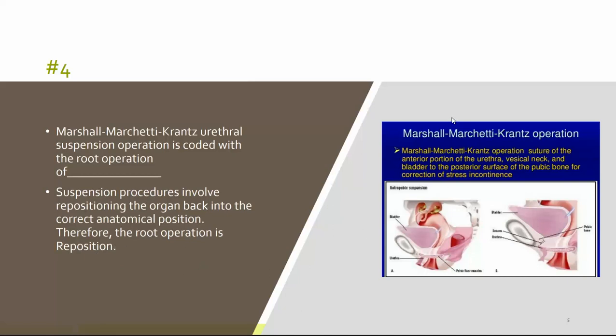If you Google this eponym, Marchetti-Krantz, you will find what it is in terms of a procedure, and it is moving pieces of the urinary system back into its normal position, so that equates to the root operation of reposition.